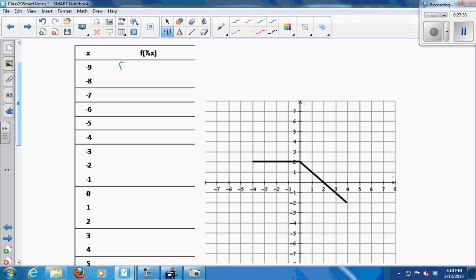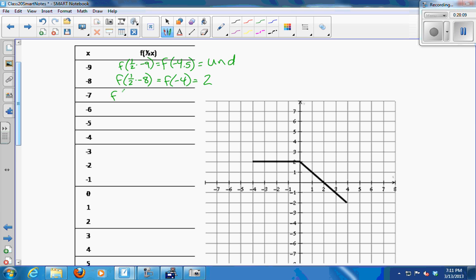So this is going to be f of 1/2 times -9, which is f of -4.5. What is f of -4.5? Undefined. Function doesn't live there. Okay. Now when x is -8, I'm going to take f of 1/2 times -8, which is f of -4. F of -4 is 2.